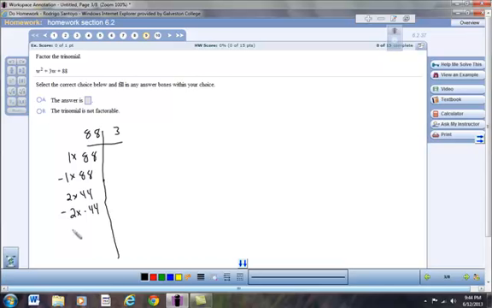So we have 4 times 22, negative 4 times negative 22. We also have 8 times 11. And we also have negative 8 times negative 11.